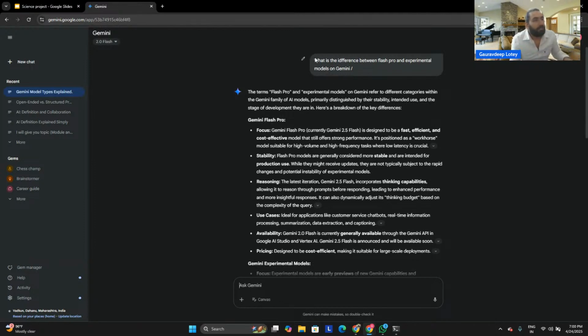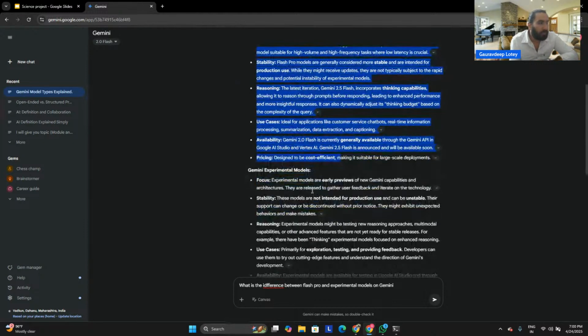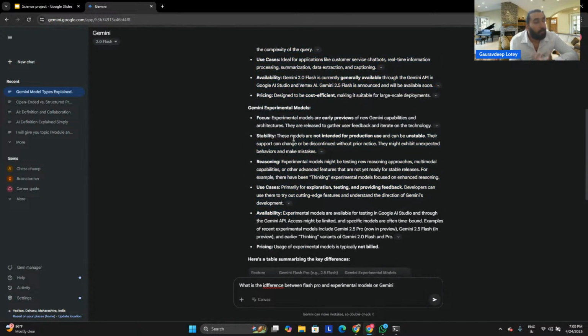I'll just repeat my question once again, and I'll tell you the difference between writing an open prompt versus a closed prompt. So imagine this to be an open prompt, and whatever output you're seeing on the screen is the raw output that an open prompt can give us. What is the difference between Flash and Pro models on Gemini?